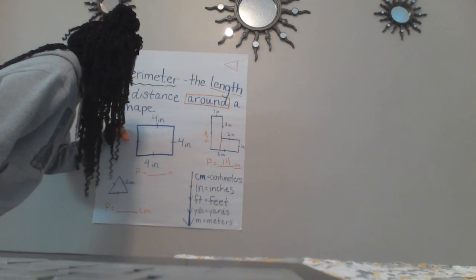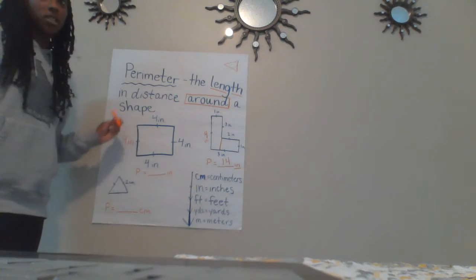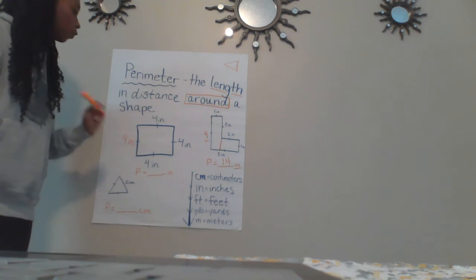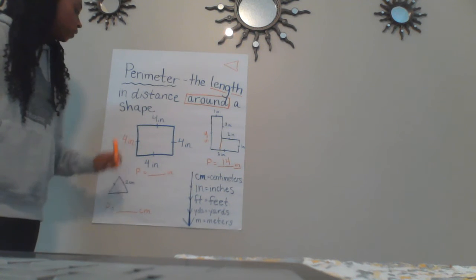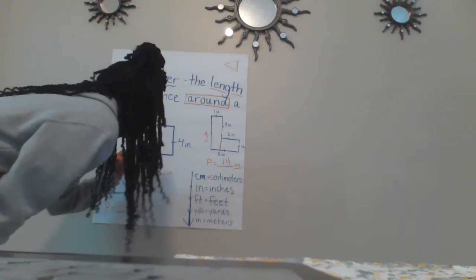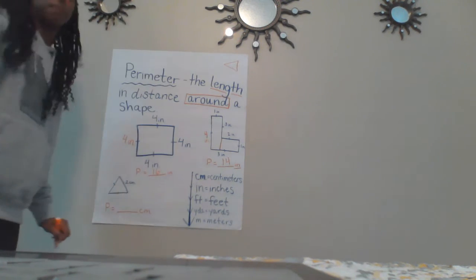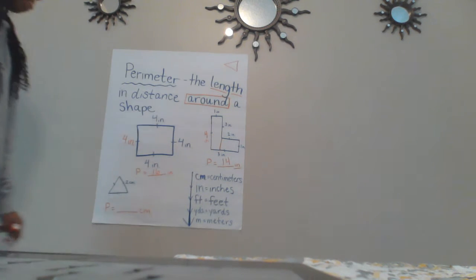So I'm just going to plug that in right there. And then again, easy enough, you just add up all the sides. 4 plus 4 plus 4 plus 4. So 4, 8, 12, 16. Simple. So the perimeter of this shape is 16 inches. Remember, make sure you put that unit of measurement.